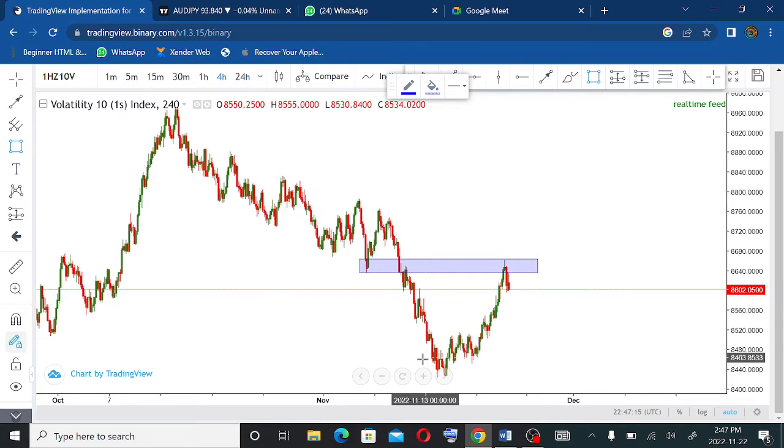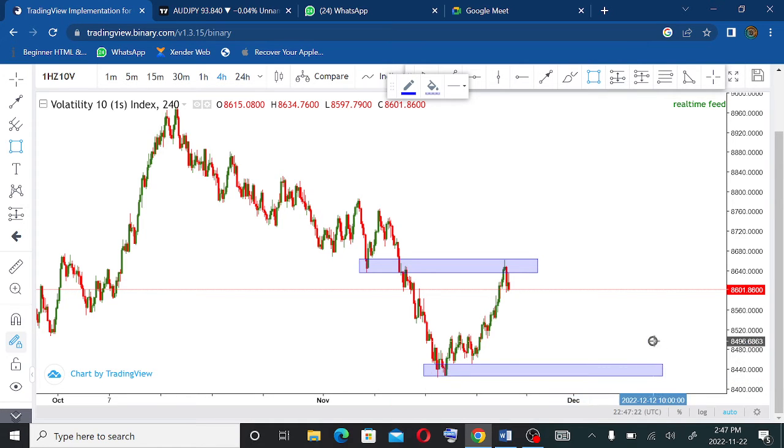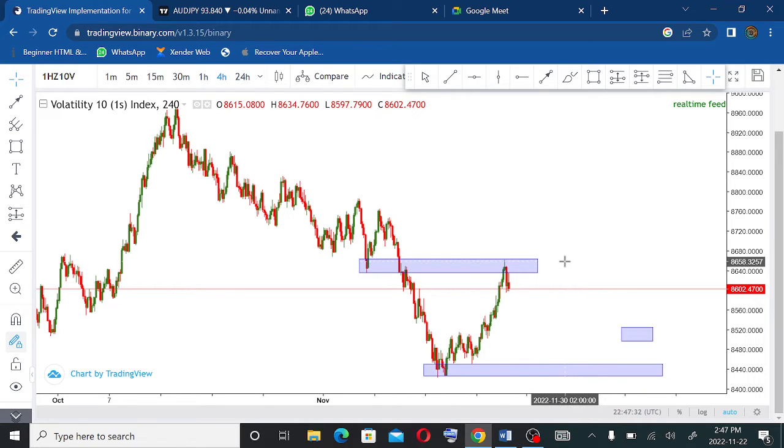Markets may just want to sell all the way, create a double bottom, and then bounce up. This is really a nice liquidity here that market needs to run out.